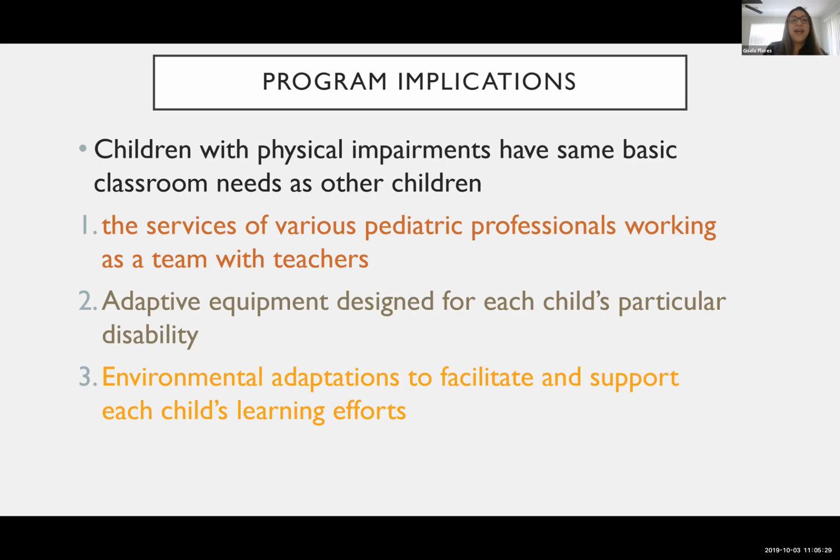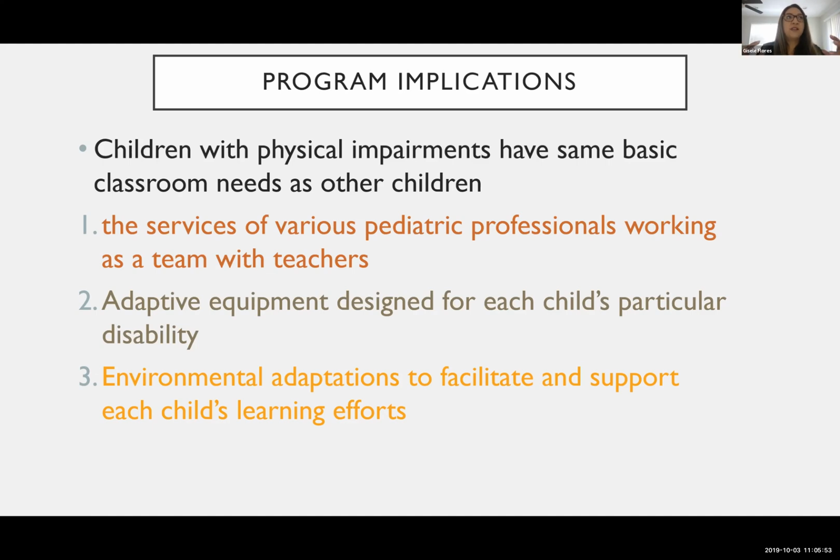We also know that it might be tempting to say, oh yeah, we had a child with muscular dystrophy before, and we made this adaptation, so we're prepared for all children with muscular dystrophy. That's not true. Each child is going to have their own unique individual needs. So equipment needs to be designed for each child's particular disability.